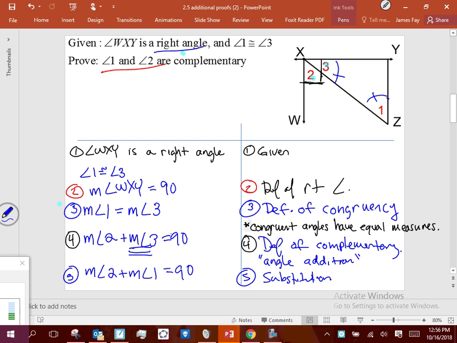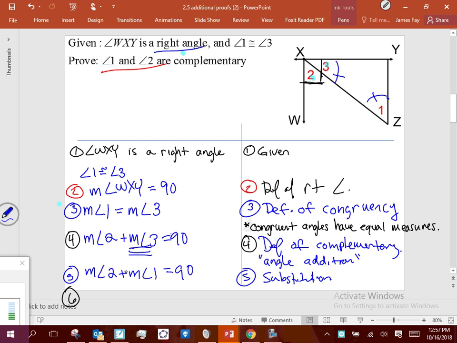So I'm just trying to see, okay, is there anywhere that I've rewritten or re-identified angle 2? I haven't. So is there anywhere that I've rewritten or re-identified angle 3? And I have. So then I know I can put those together and create something new. Whether that new fact is going to be helpful or not, I don't know.